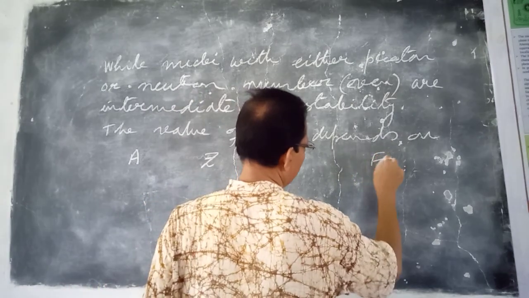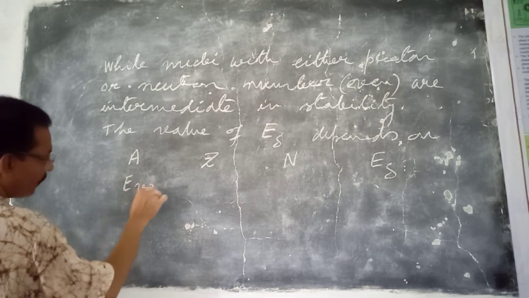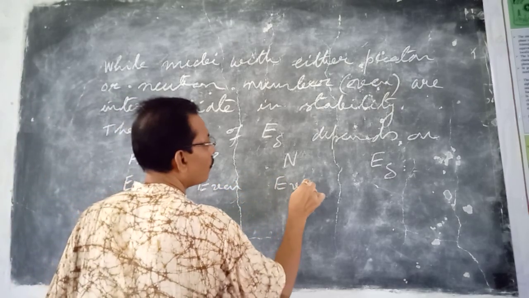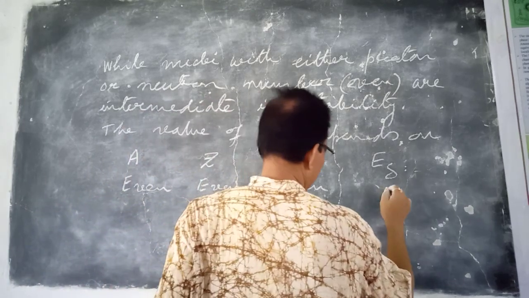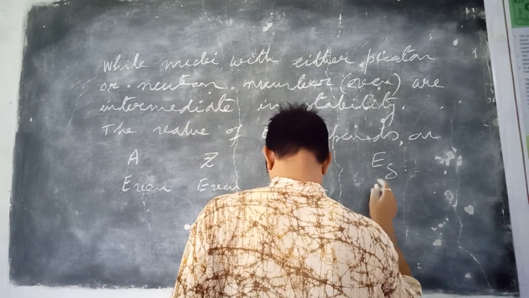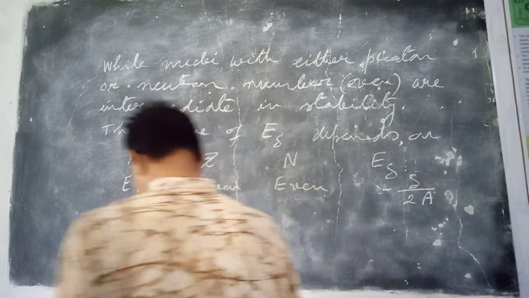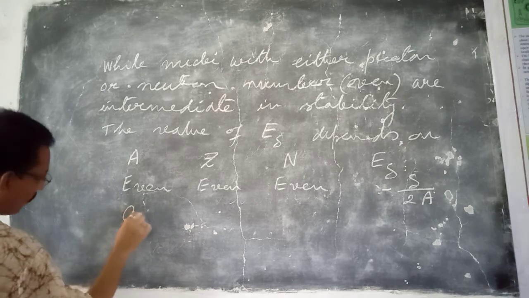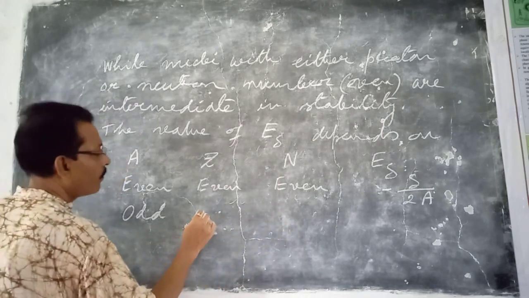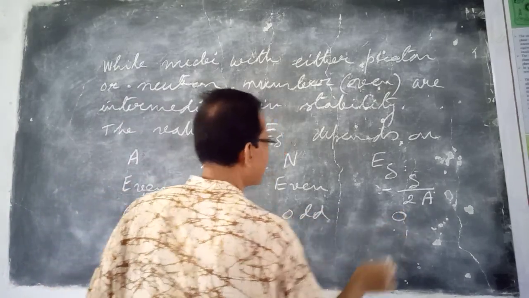First, for even nuclei, A is even, Z is even, N is even, it is minus delta by twice A. Then, when A is odd, either Z is even and N is odd, or Z is odd and N is even, it is taken as 0.